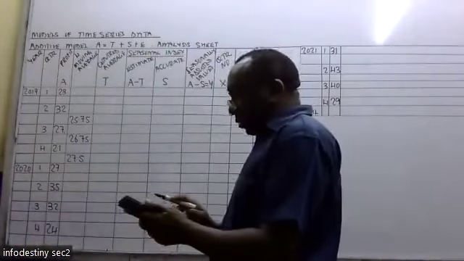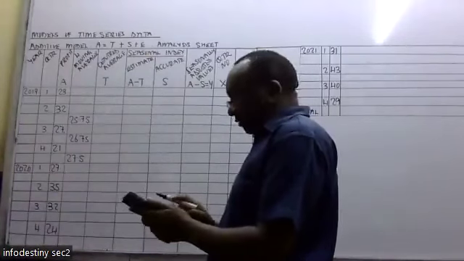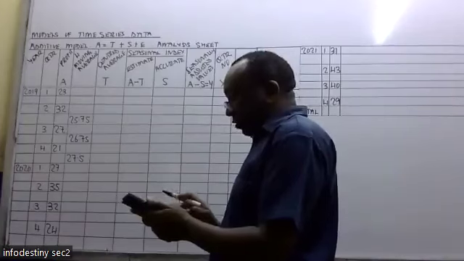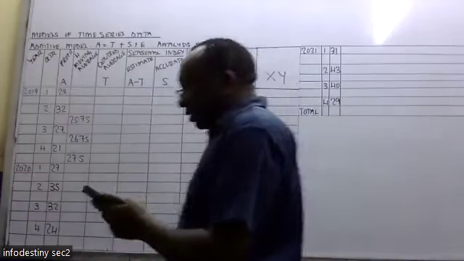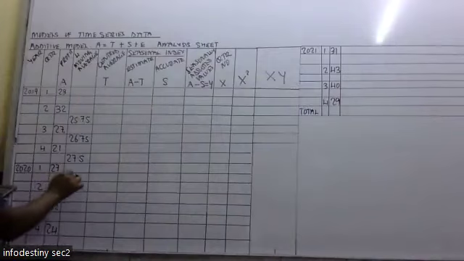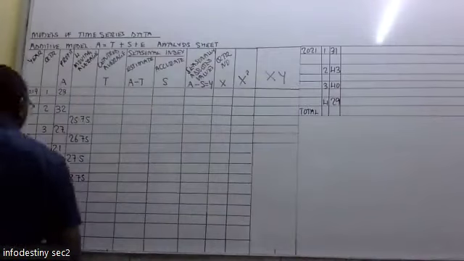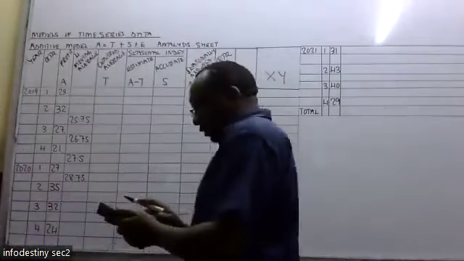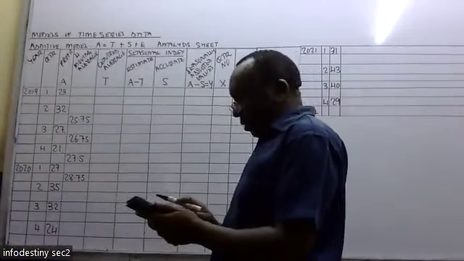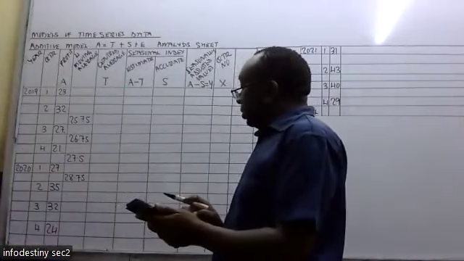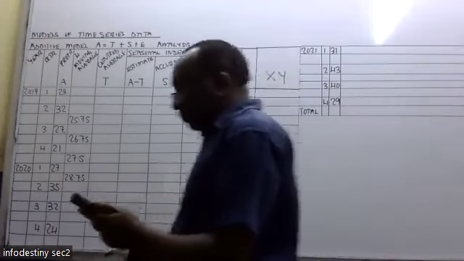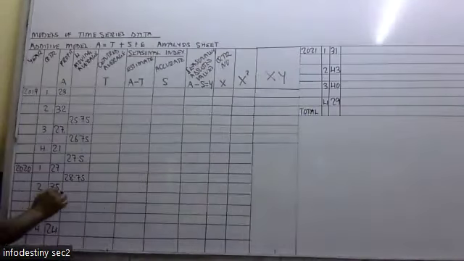So we pick 21 plus 27 plus 35 plus that 32 equals, divide by 4. 28.75. Now drop the 21, you take 27 plus 35 plus that 32 plus 24 equals, divide by 4. 29.5.